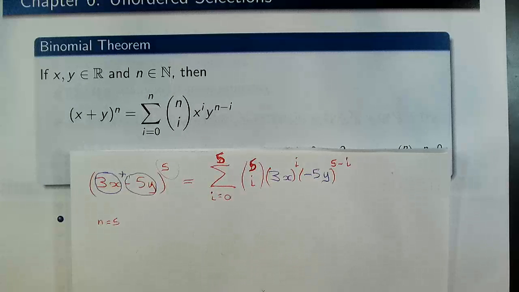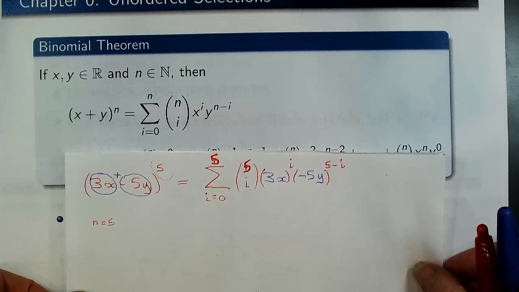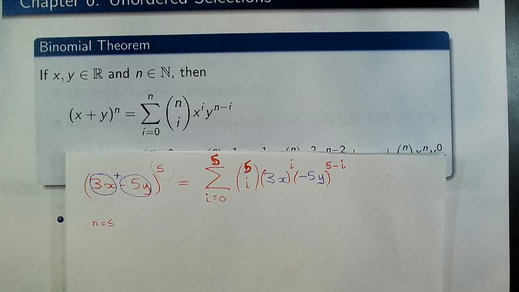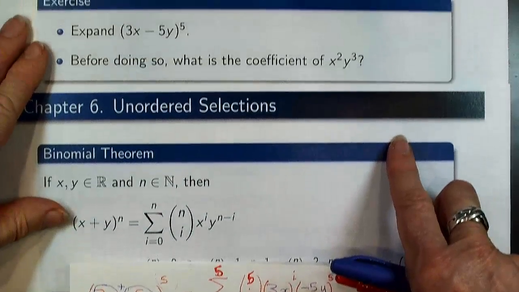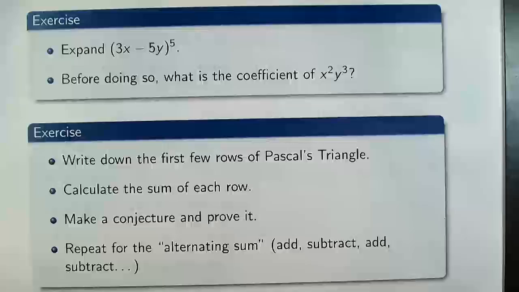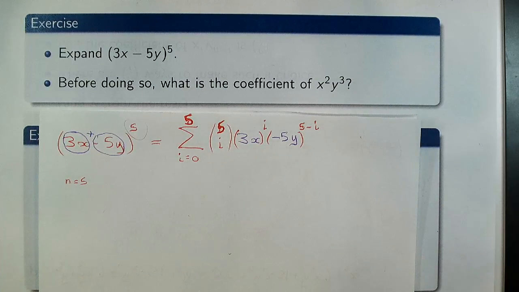Probably owe you another egg for that, but you've just had one. Okay, so you can now write that out. We've used the binomial theorem. I'm going to pick out of that the term with x squared y cubed and find its coefficient.